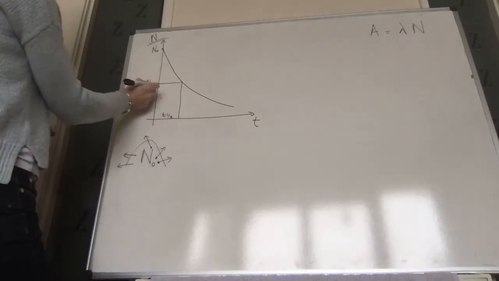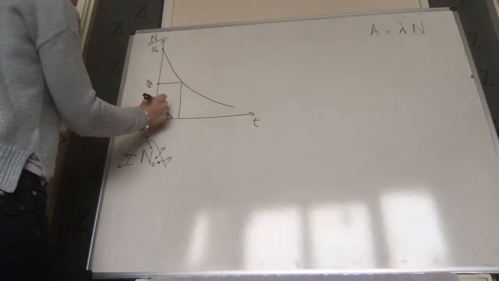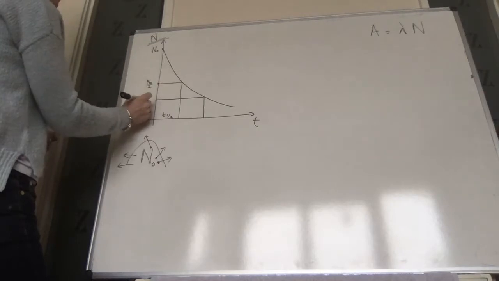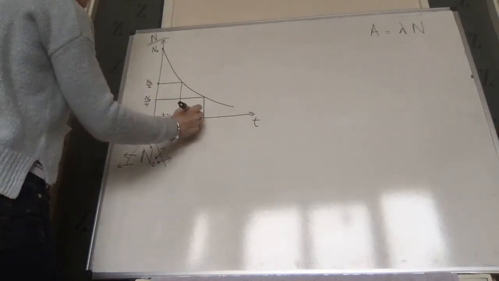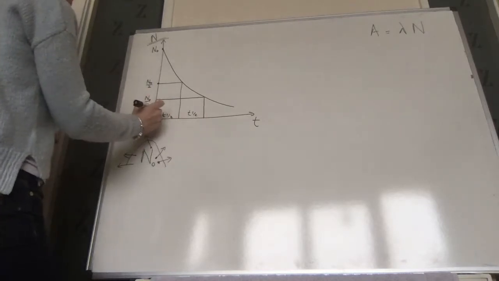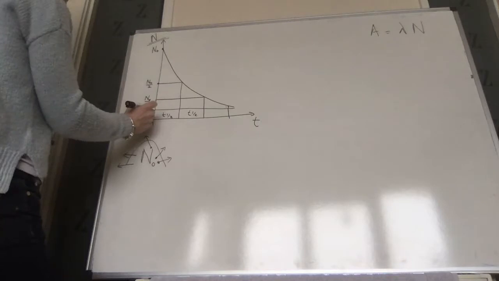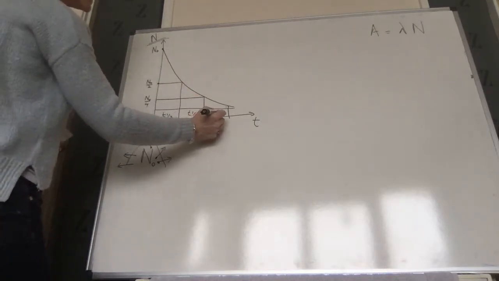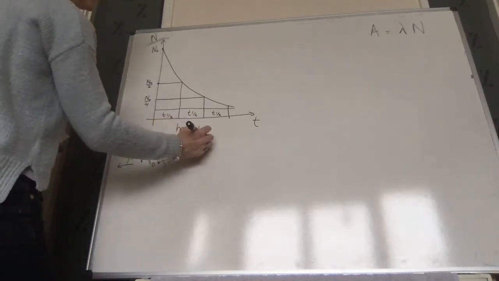Now you're starting with N0 over 2, and the time it takes for that number to halve again, to N0 over 4, is T half again. So the time it takes for half of the atoms to decay and leave you with half of them is T half, which is called the half-life.